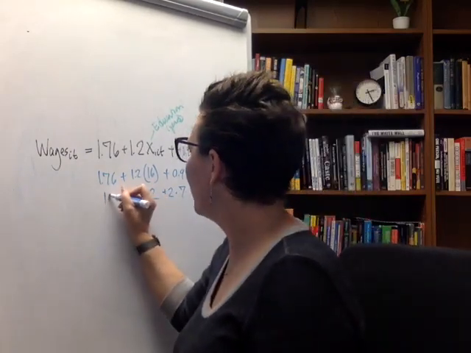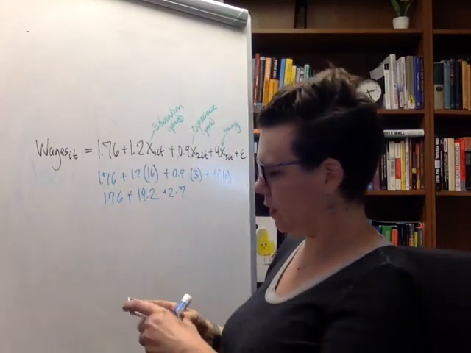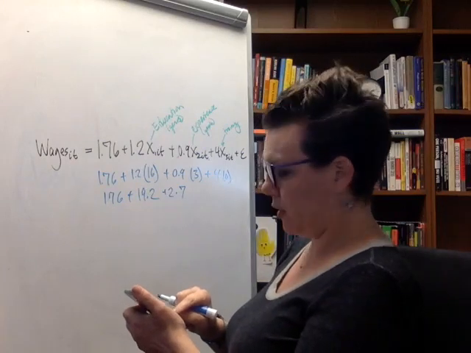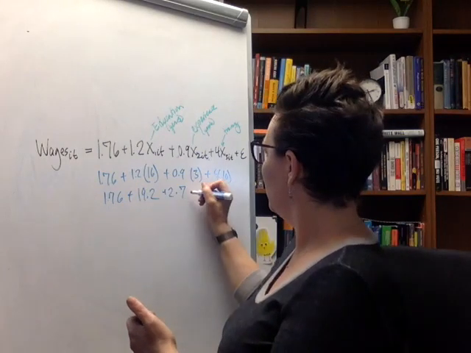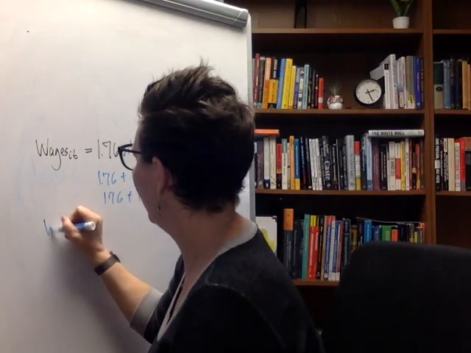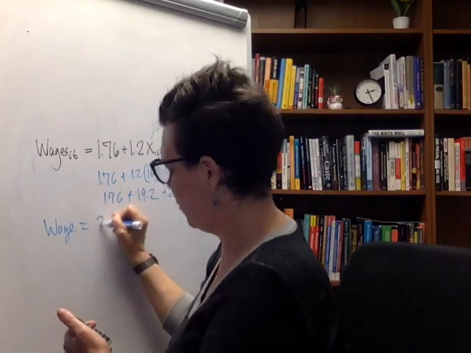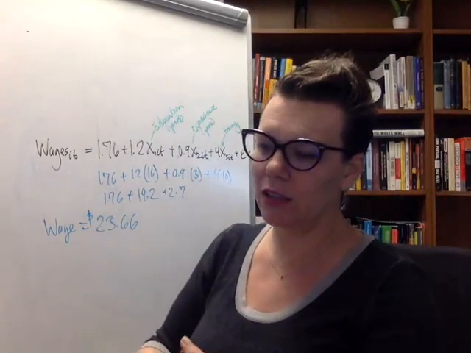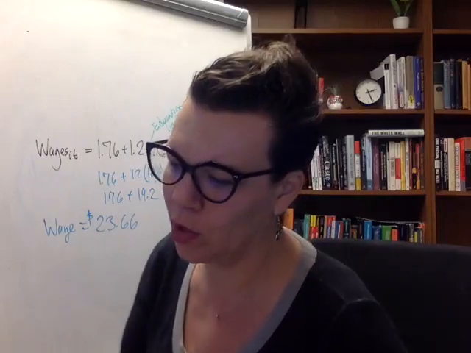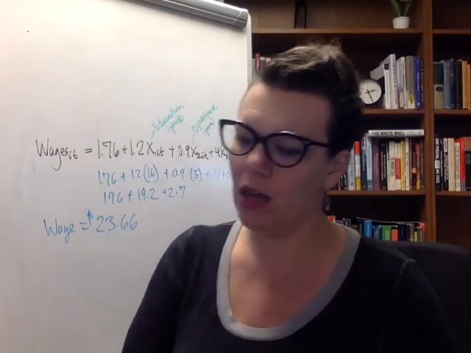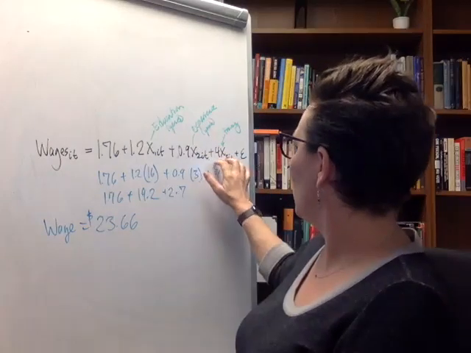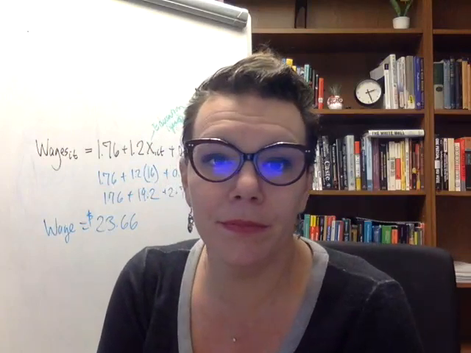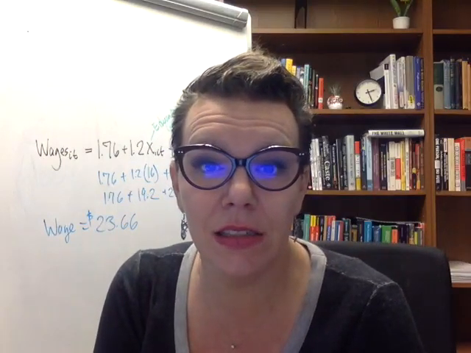So it's 1.76 plus 19.2 plus 2.7 is going to give us a wage of $23.66. Does that make sense? Hopefully it makes sense. If not, let me know. But the big idea here is that we solve this through to get our answer. Okay? So that is part B.